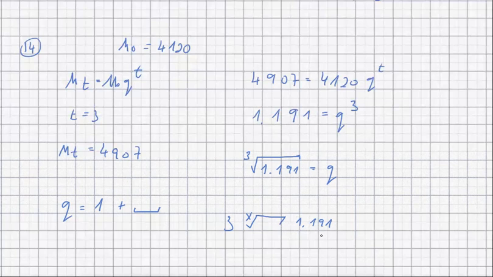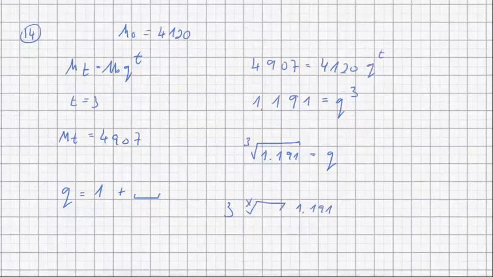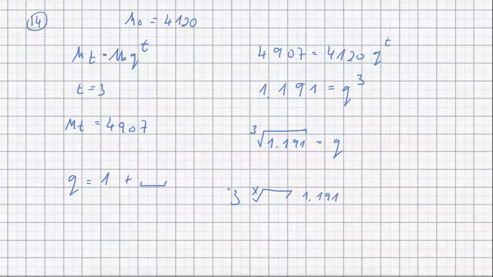And then you will get Q. 3, shift, and then this number. 1.059. I didn't do it myself, but I trust you.